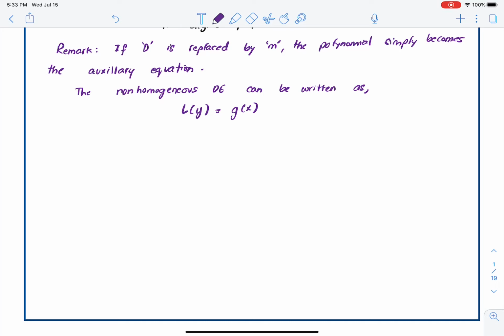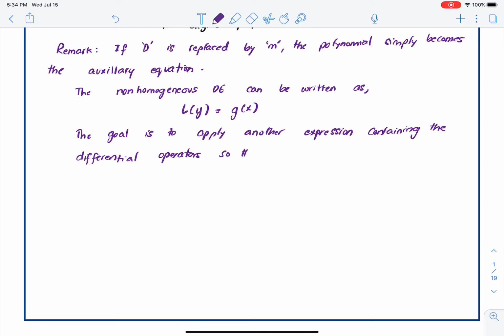The objective here is if I apply another operator, let me just say L1, the goal is to apply another operator or another expression containing the differential operators so that g of x becomes 0.